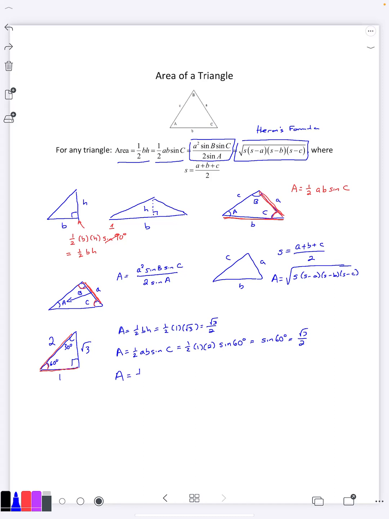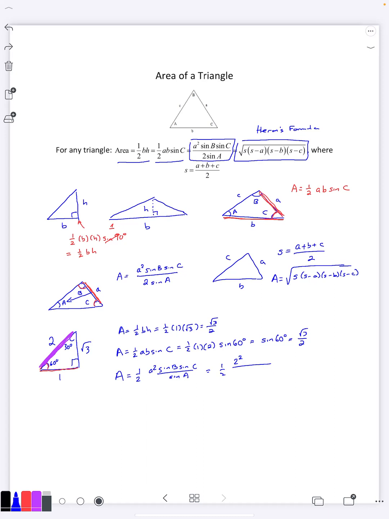It's 1/2 and then a squared sine B sine C over sine A. So we have to decide which is our side A going to be here. Let's choose, I don't know, 2 to be my side A. So this would be 1/2, and then a squared is 2 squared.